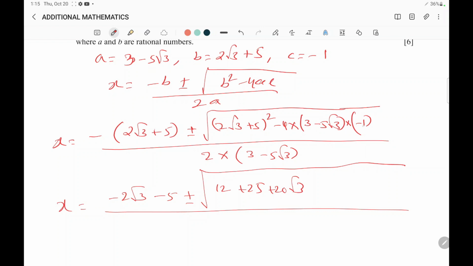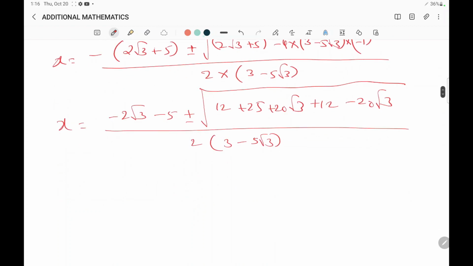And minus 4 times 3 is minus 12, and then again minus 1, that's plus 12. Minus 4 times minus 5 root 3, so plus 20 root 3, and again minus 1, so minus 20 root 3. And 2 is here, I'm not going to multiply. Maybe we can cancel the numerator by 2, and this is 3 minus 5 root 3.